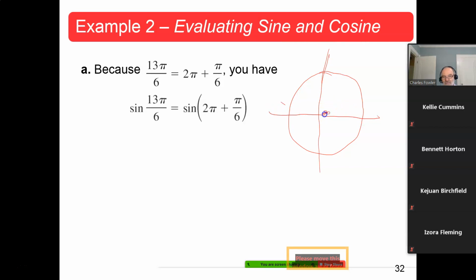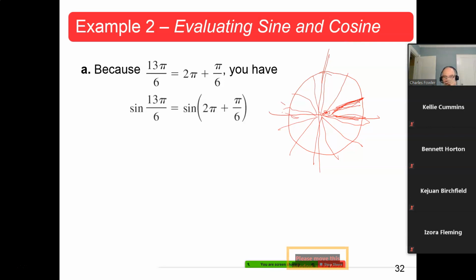Okay, so 1/6 of pi is here, 2/6 of pi would be here, 3/6 of pi is pi halves, 4/6 is here, 5/6, 6/6 is here, that's pi, 7/6, 8/6, 9/6, 10/6, 11/6, 12/6 is 2 pi, and 13/6 pi is right there.